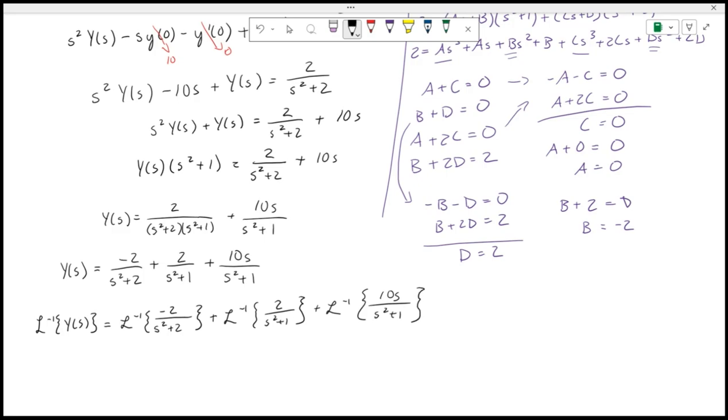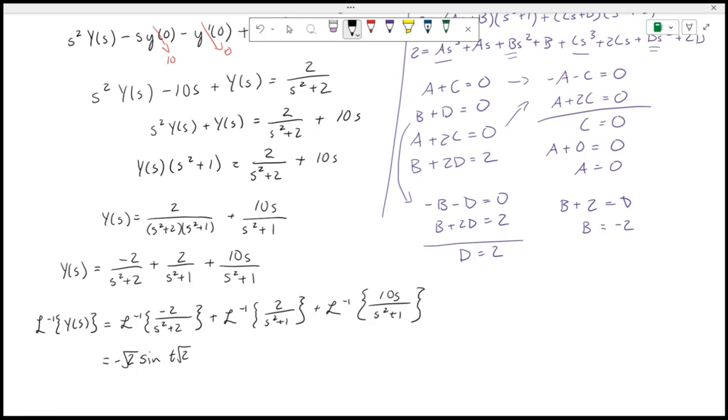Okay, so starting with that first one, this is a constant over s squared plus a constant squared. So this is going to be a sine function. So this is a sine of the square root of whatever's in the denominator here. So that's going to be t root 2. And then the top is also going to be a negative root 2.